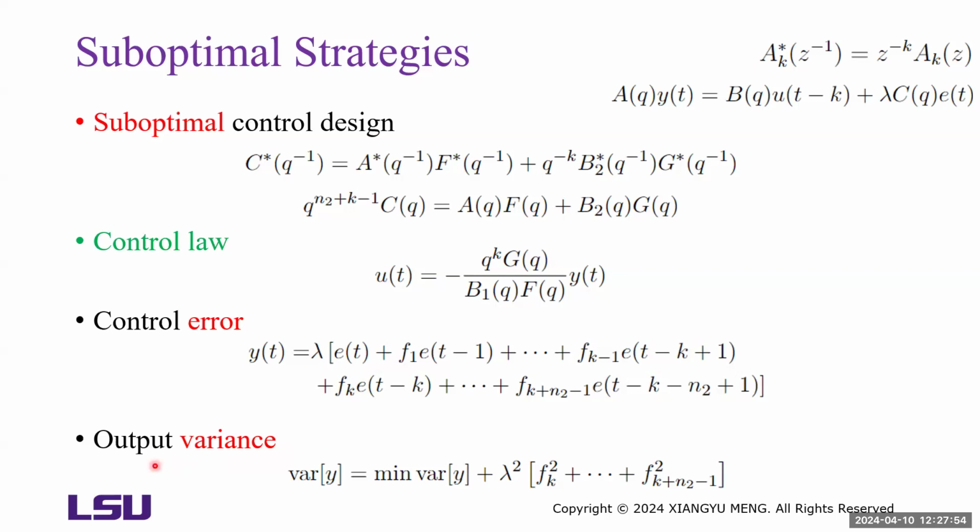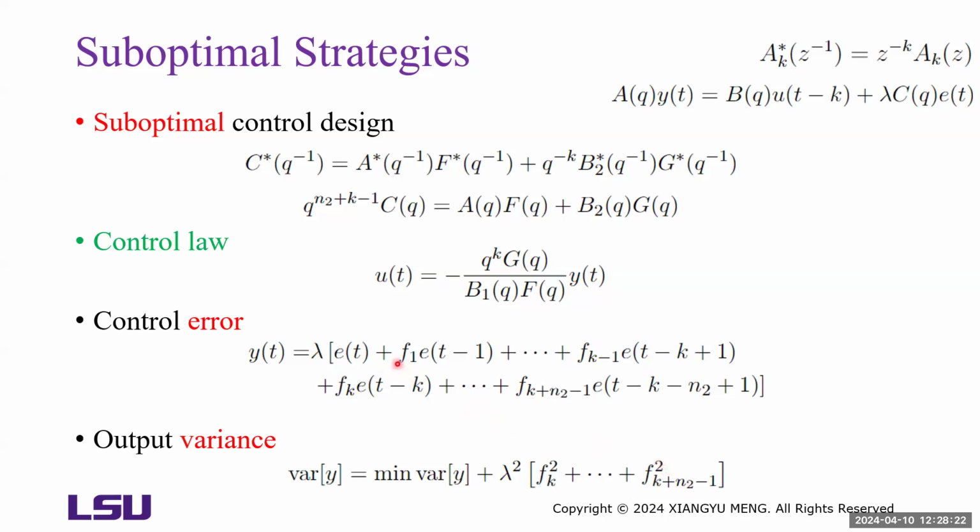Then this control law is not optimal. It gives an error with a variance equal to the variance of the minimum variance control law, plus some lambda squared times f_k squared until f_(k+n2-1) squared.